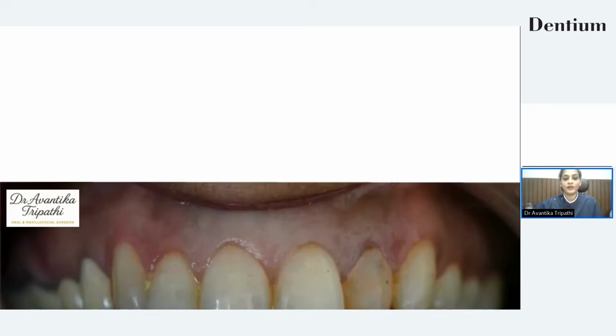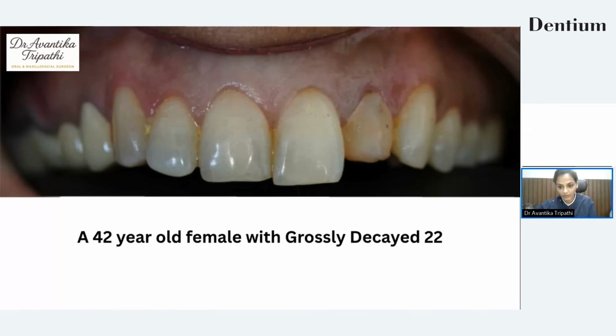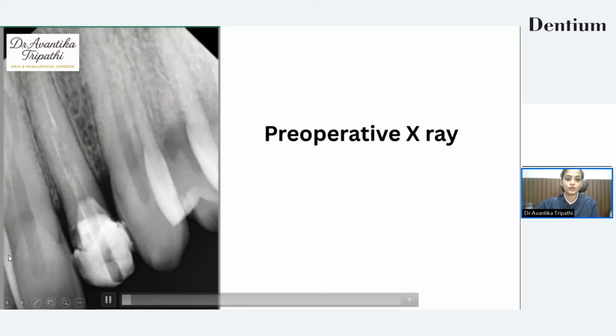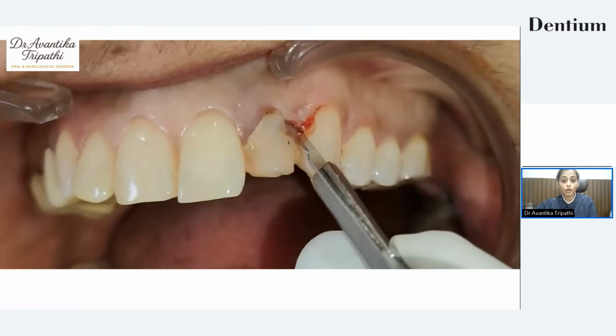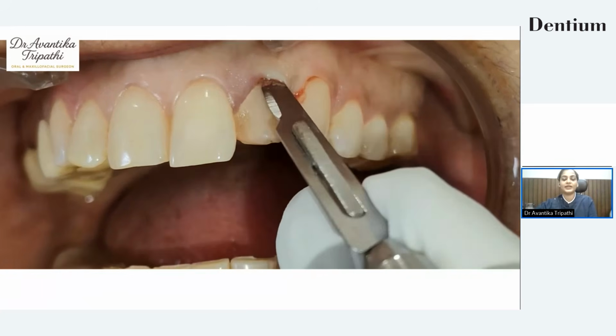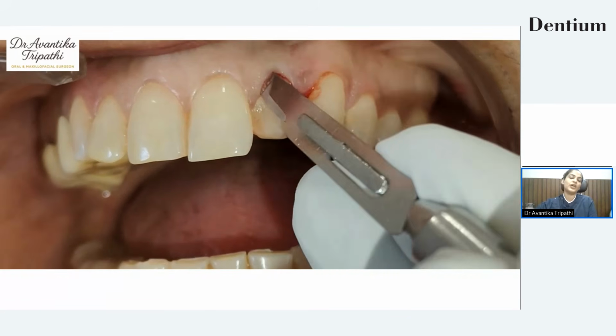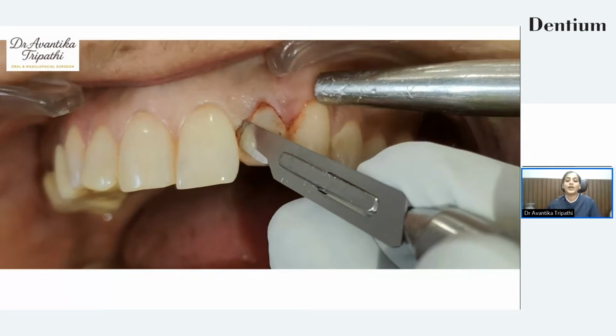Let me help you understand the procedure with the cases. So this is a case of a missing 2-2. In this, I did immediate extraction followed by immediate implant placement without doing any bone grafting.